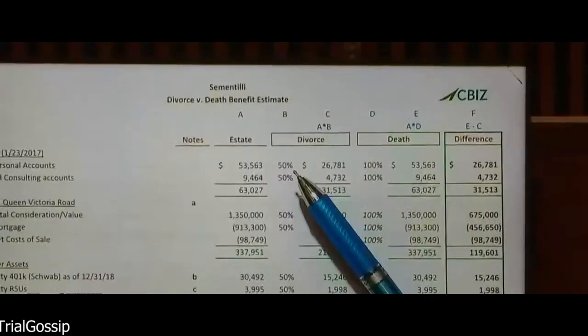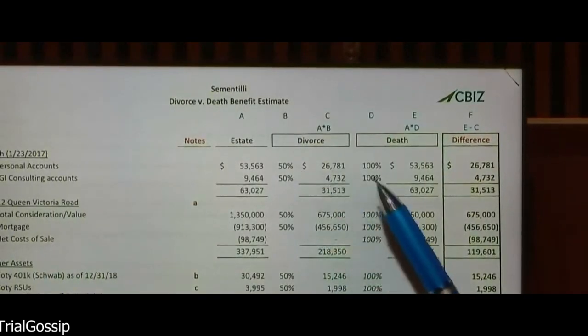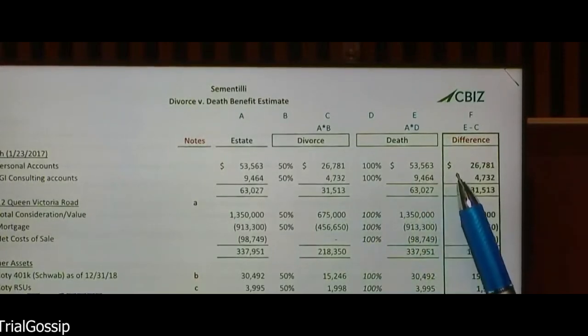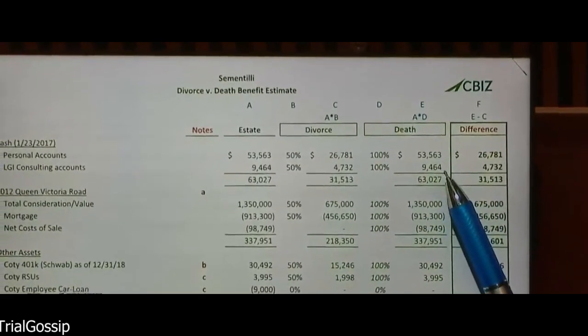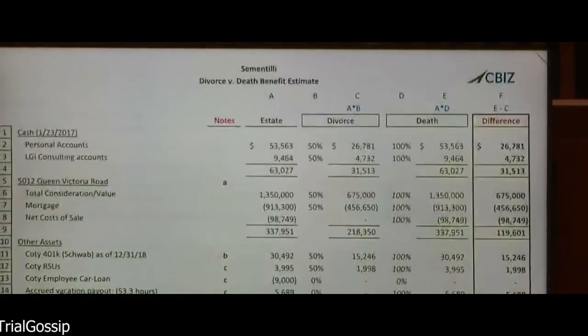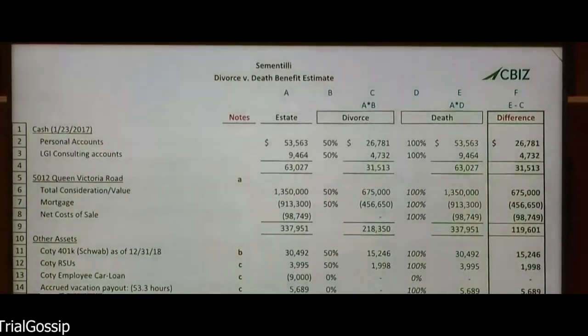So, for instance, how would that work out in divorce versus death? So we can see how this chart works. In column B and C, you can see that 50%, and C is 50% of the amounts in column A. Right. And then in column D, you see 100% of the amount in column A. Because in a divorce situation, it's divide by 2 in California from a community property standpoint.